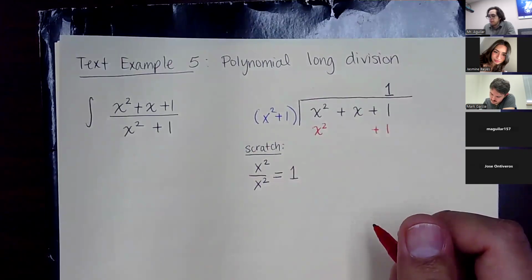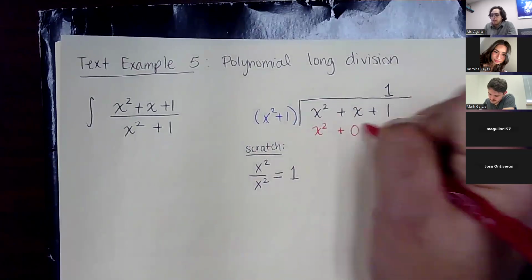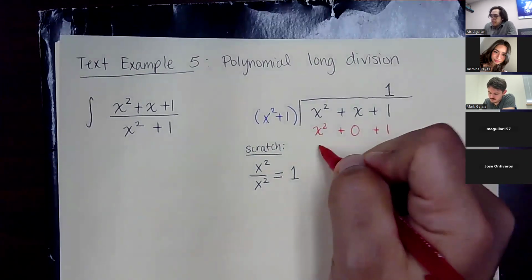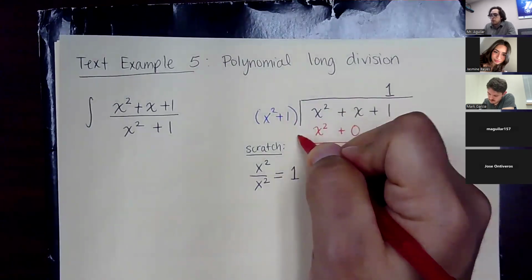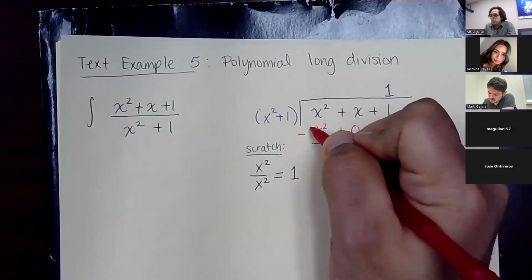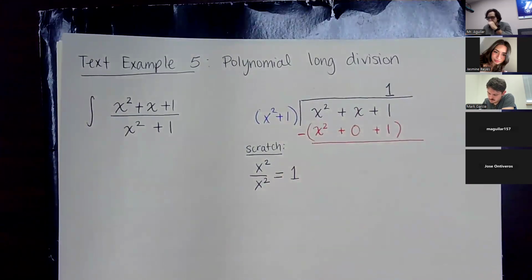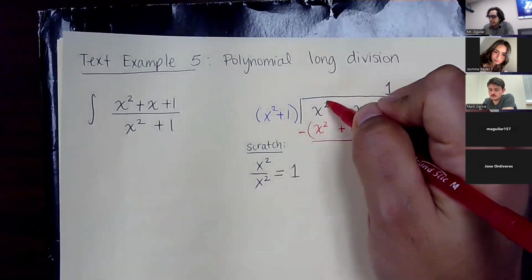But we have this gap here. So if you'd like, you can put a 0 there. Now, with regular long division, you subtract this thing that you multiplied. So that means we're going to have x squared minus x squared. These cancel out.